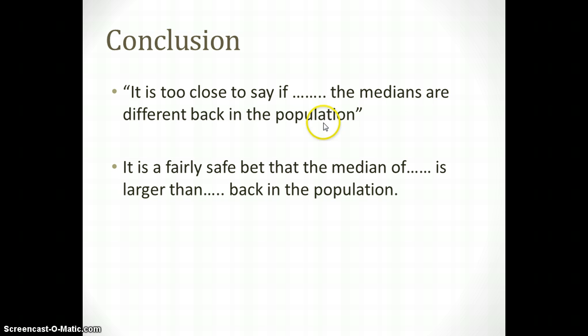Those words, back in the population, tell me that you understand you're making a prediction about a group of people, and it would be even better to describe to me what that population is, whether it's year 10 girls or the males in Auckland or the males in the North Island, whatever your population is.